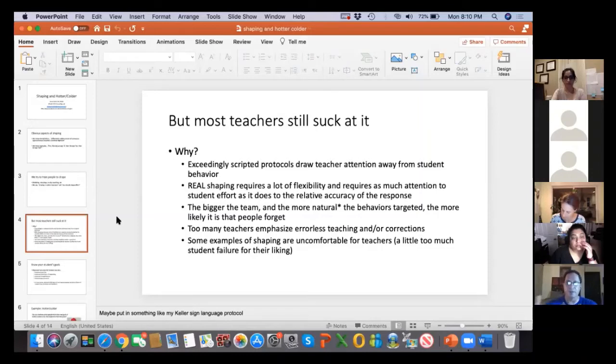A similar thing with corrections. And then some examples of shaping, some of the time this isn't very nice. Some of the examples I gave, shaping up a social initiation, sometimes it's more like, what was the effort if negative reinforcement was the real reinforcer, which frankly is sometimes the case. Some kids will do a chore really just because it's going to be over with when they're done, no matter what else you try to give them after. They really just want to be done with it.